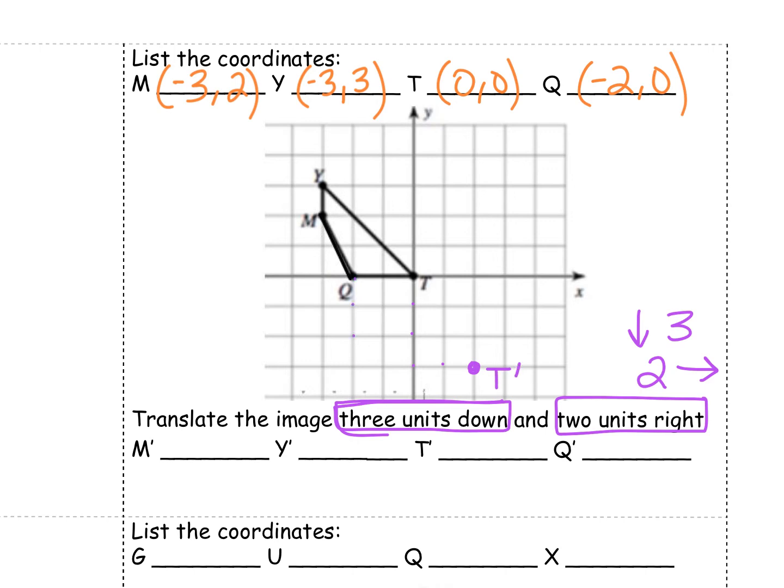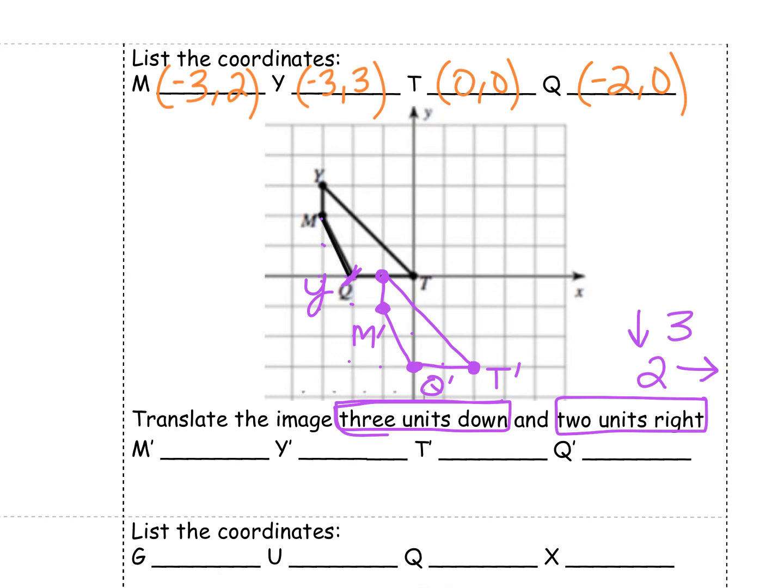Q, 3 down, 2 right. Drop my new point. Make sure I label it correctly. Same with M, M prime, and Y, Y prime. And then I'm going to reconnect my points into that shape. All I did was take that original shape and slide it to a new position. It should have the same look to it.